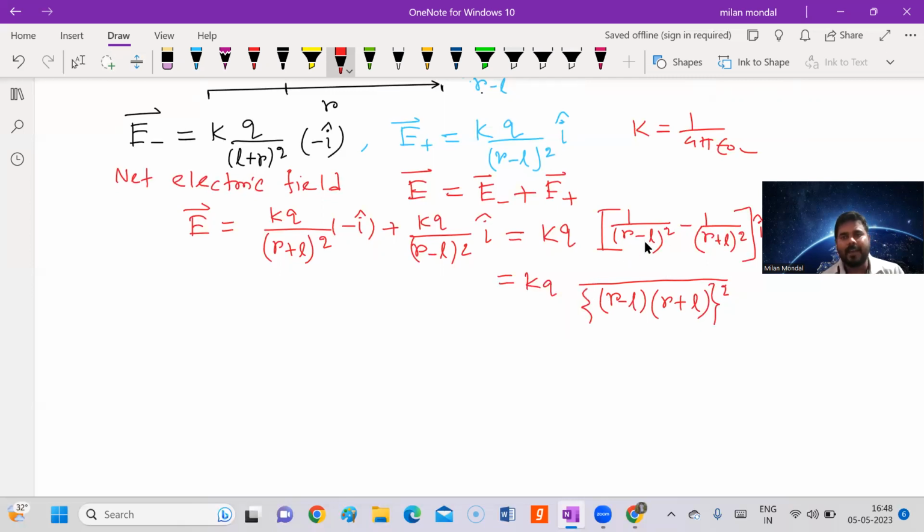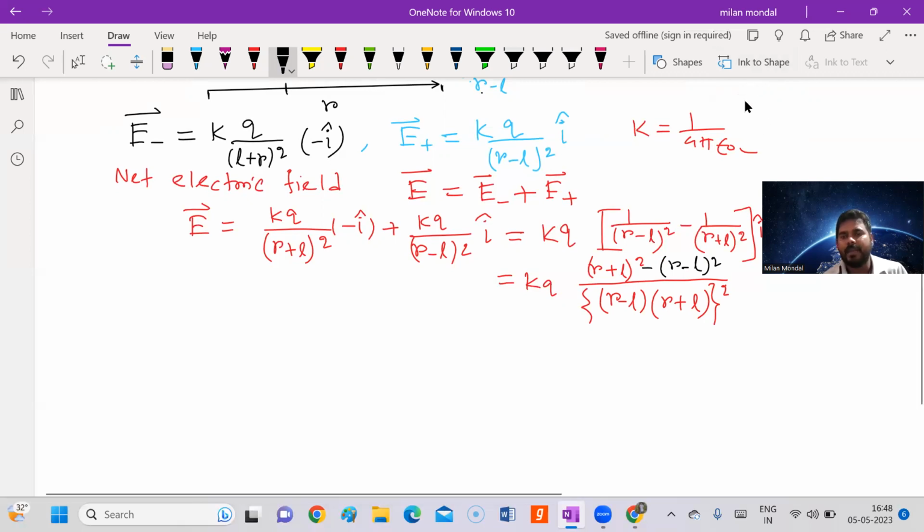Now you can see the first term contains (R minus L) square. So for doing the LCM, we are getting (R plus L) square minus (R minus L) square. What is that term coming to?